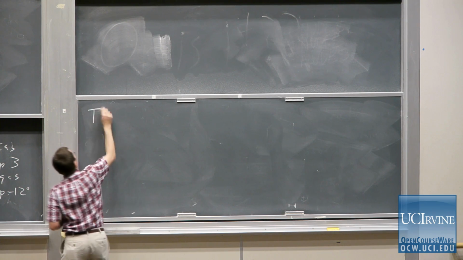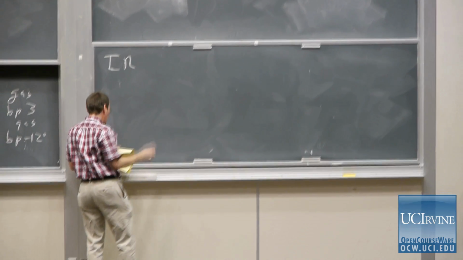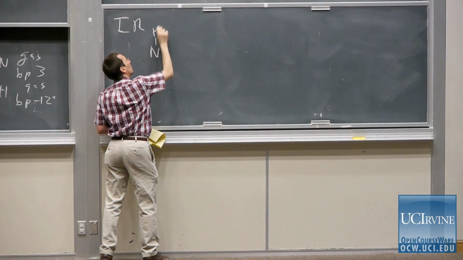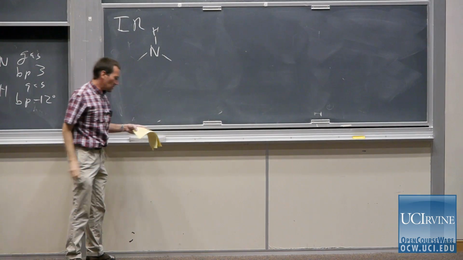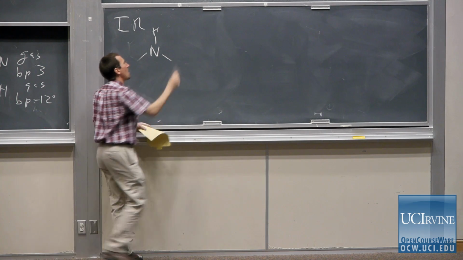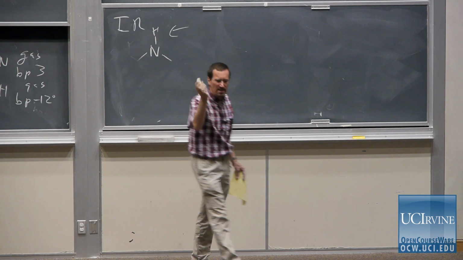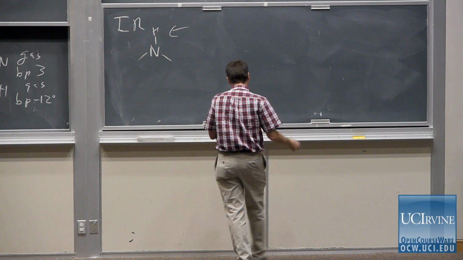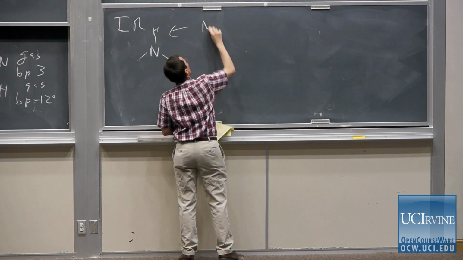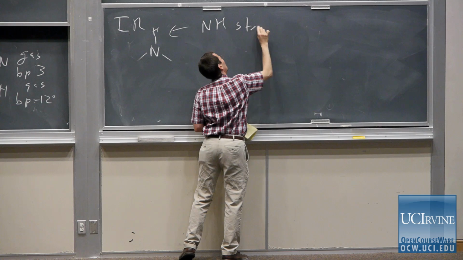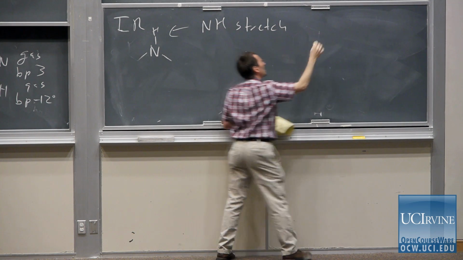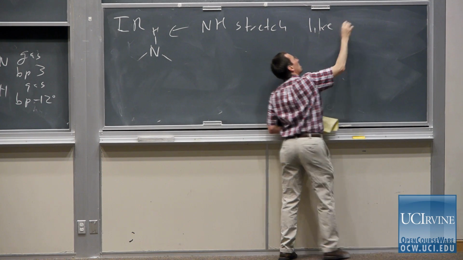So in the IR spectrum, you have an NH stretch. And the NH stretch is essentially at the same place as alcohols. It's that region above 3,000, kind of around 3,300 to 3,500. So the NH stretch is like the OH stretch.